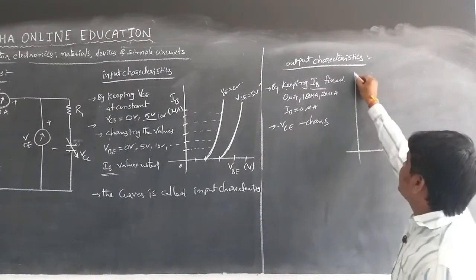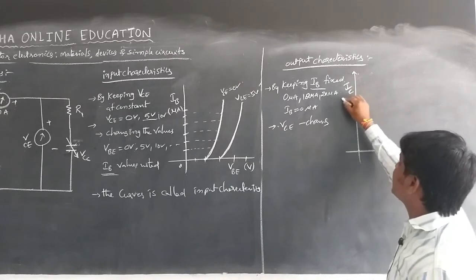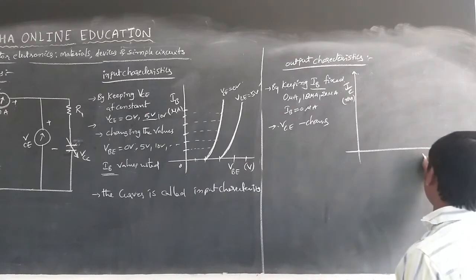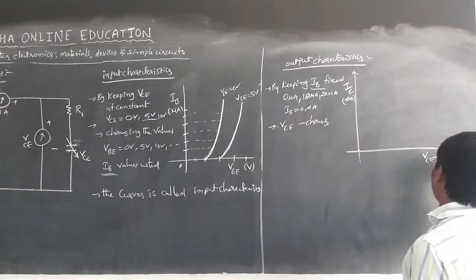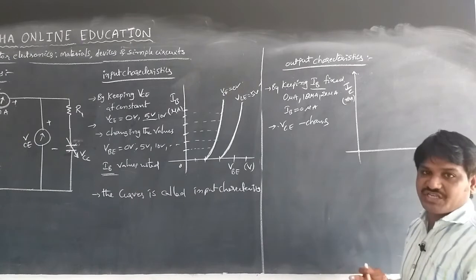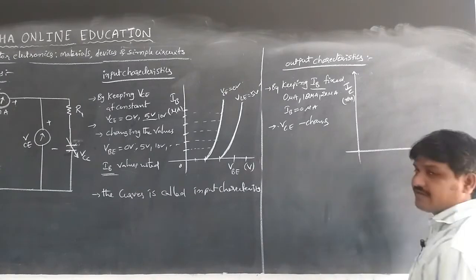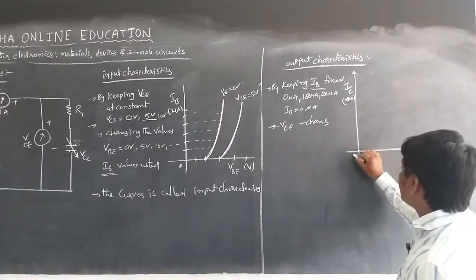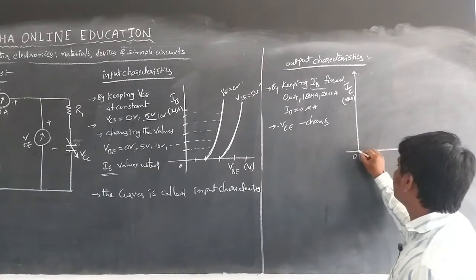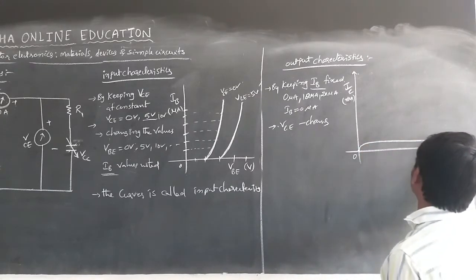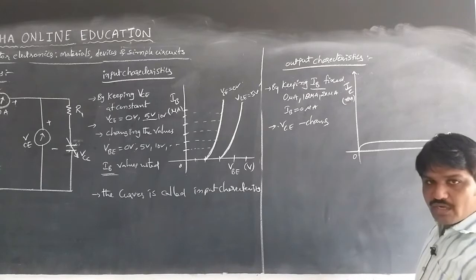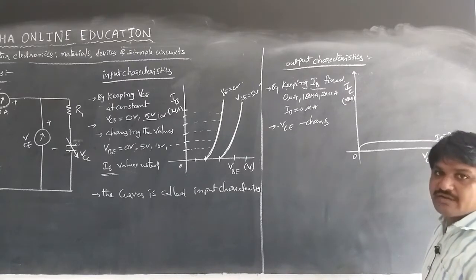Here we draw a plot: this axis is the collector current in milliamperes, and we change the values of the collector-emitter potential, VCE. Starting from the origin, whenever IB is fixed at 0, by changing VCE there is no collector current flowing in the circuit.